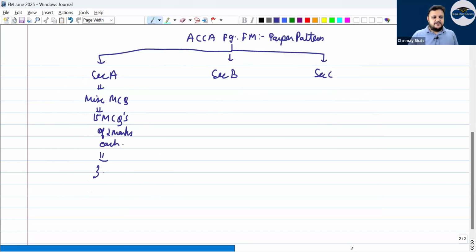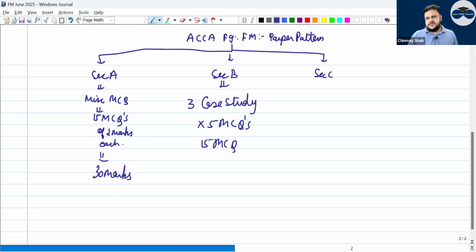So 30 marks here. Section B is case study based questions. There are 3 case studies, each having 5 MCQs. So we have 15 MCQs, but divided among 3 case studies, right? And you have 2 marks per MCQ.